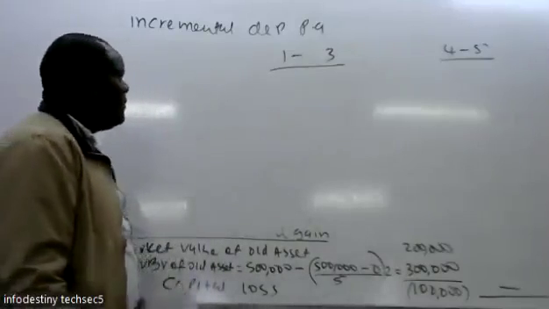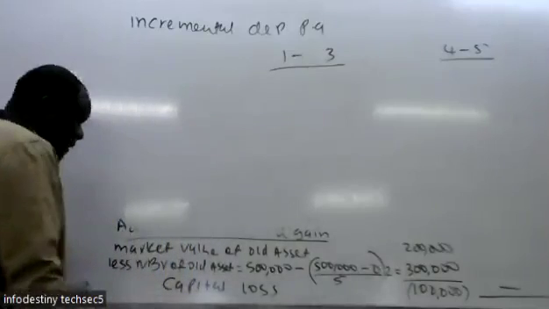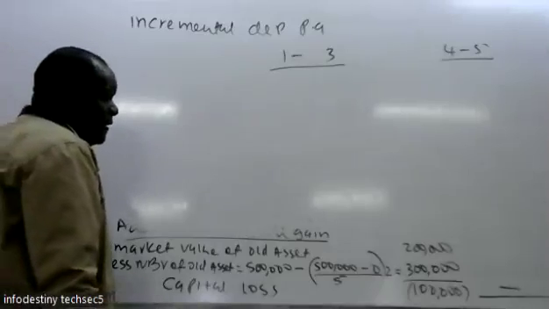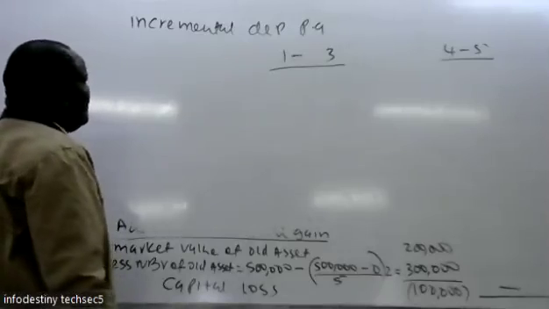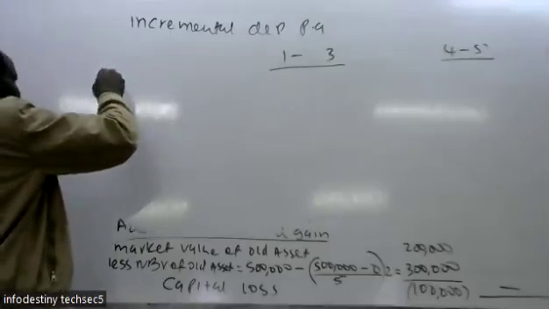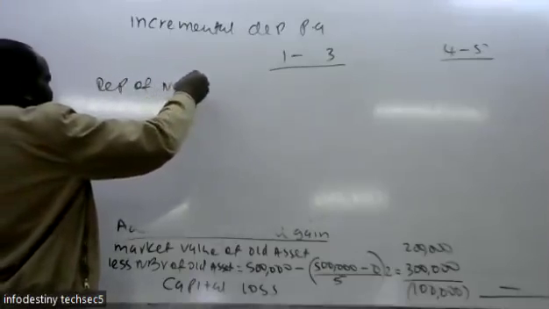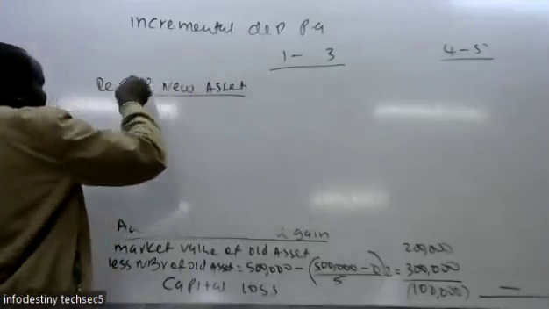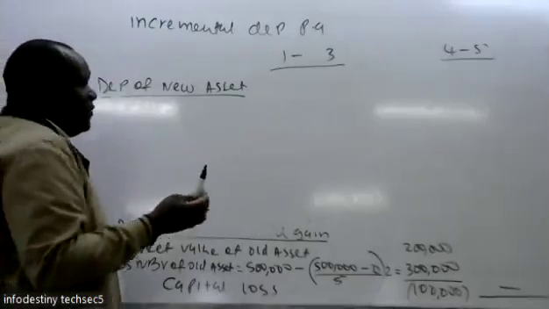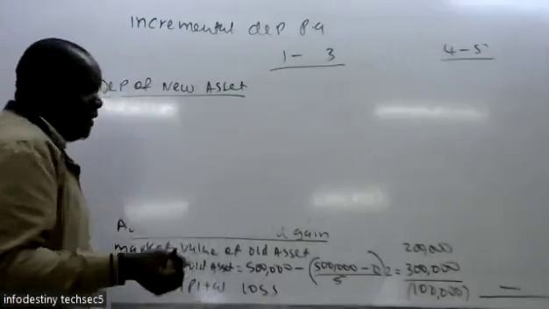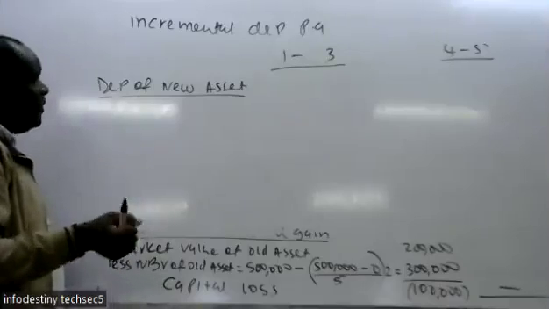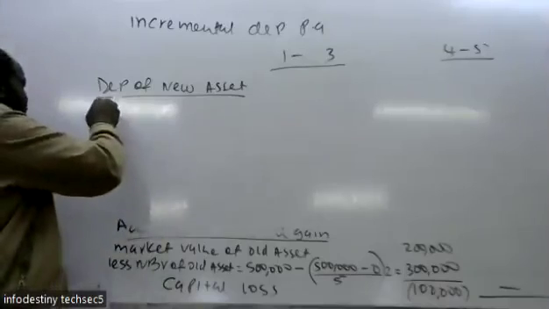So the first item there is, we start with the depreciation of the new asset. For the depreciation of the new asset, we start with the initial cost.